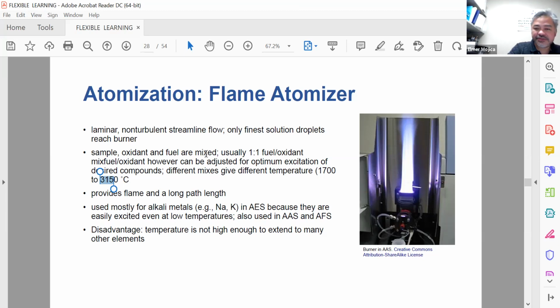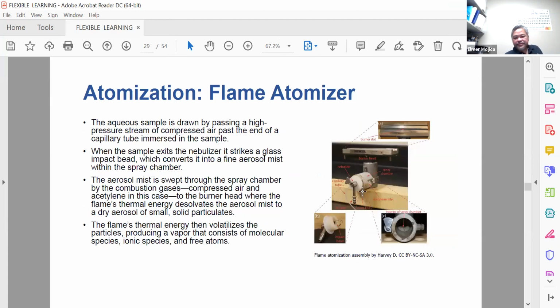So if you have this flame atomizer, this is how it looks. Your sample is usually an aqueous sample drawn by passing a high pressure stream of compressed air past the end of a capillary tube immersed in the sample. When the sample exits the nebulizer, it strikes a glass impact bead, which converts it into a fine aerosol. Once the sample passes through the nebulizer, it comes out in the form of an aerosol.